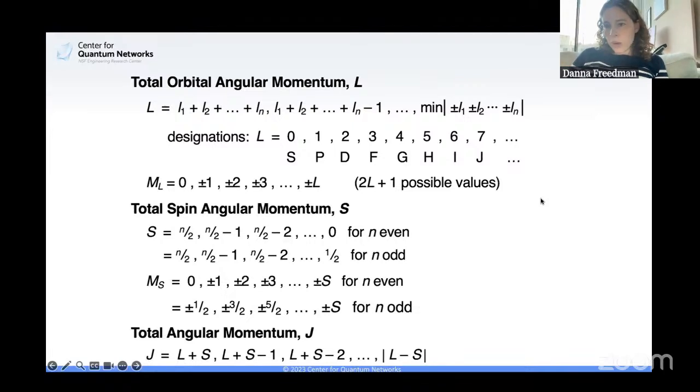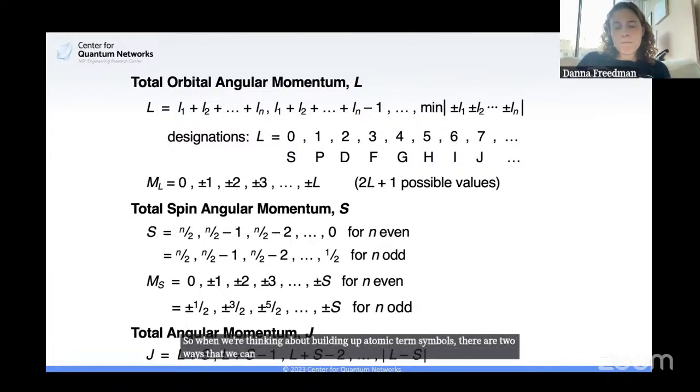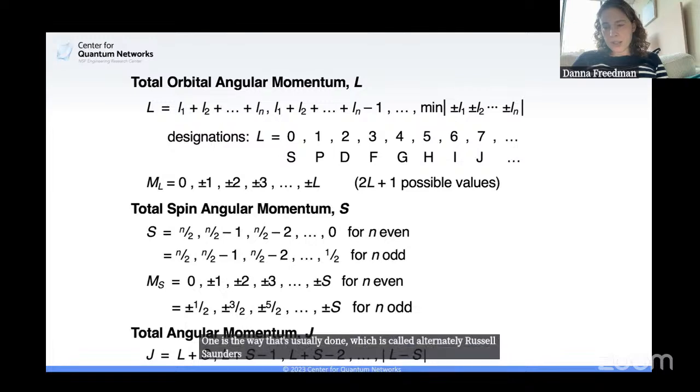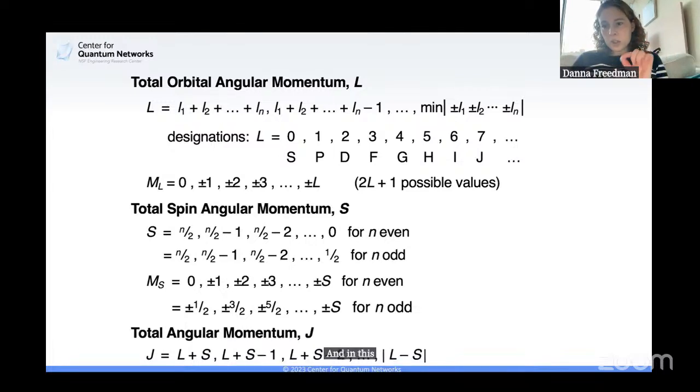So when we're thinking about building up atomic term symbols, there are two ways that we can do this fundamentally. One is the way that's usually done, which is called alternately Russell-Saunders coupling or LS coupling. And in this, we take the individual term symbols for each electron and we couple them in the way shown here.